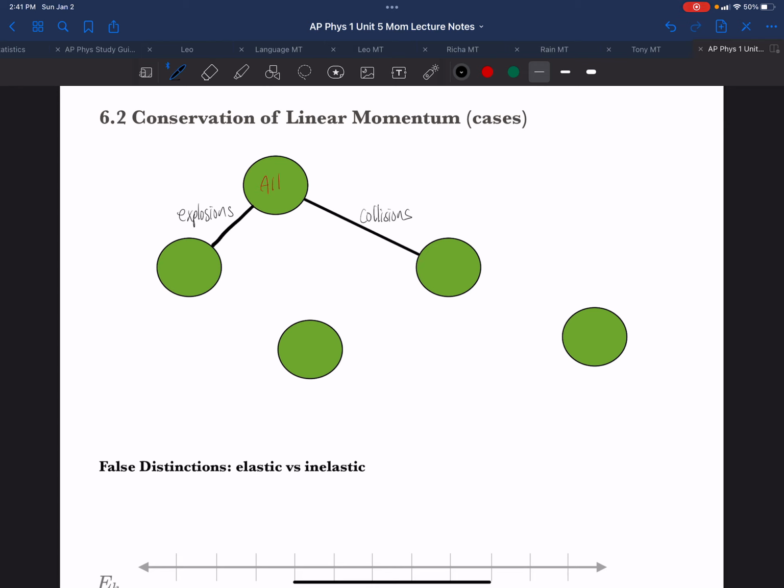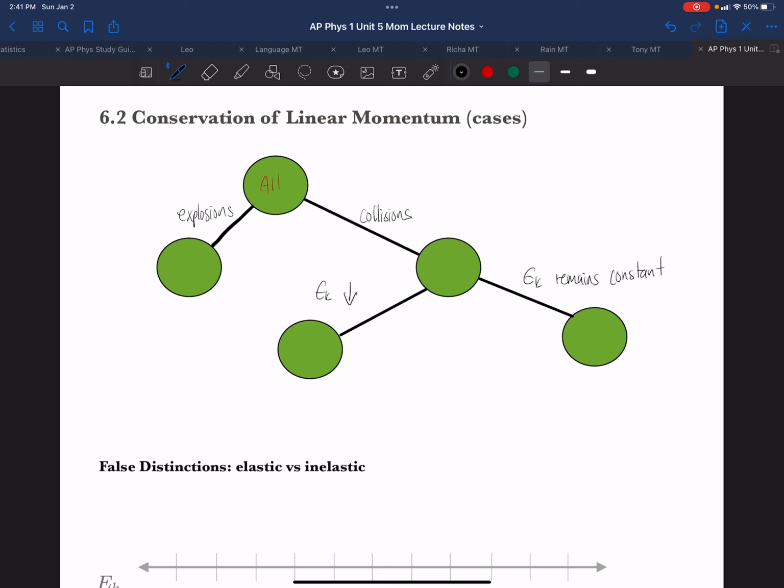When it comes to collisions, there are two types. We have the type where kinetic energy remains constant. And we have the type where kinetic energy decreases.